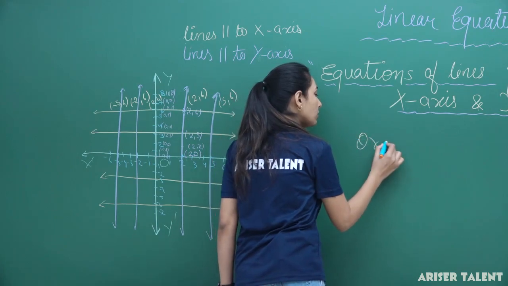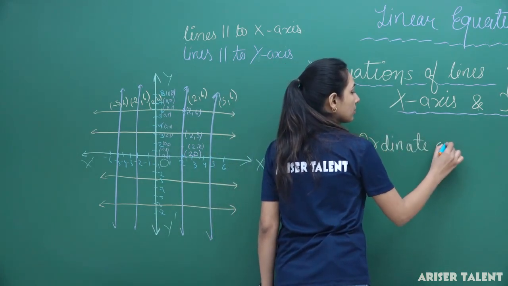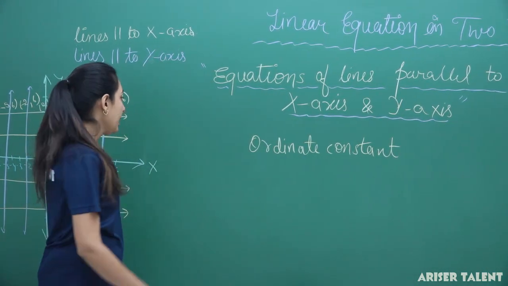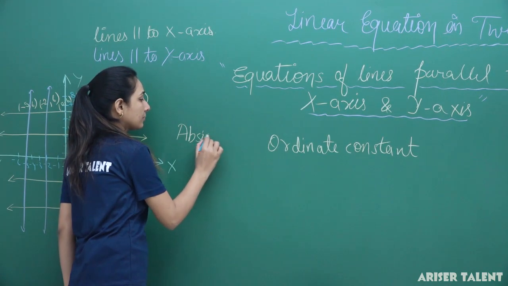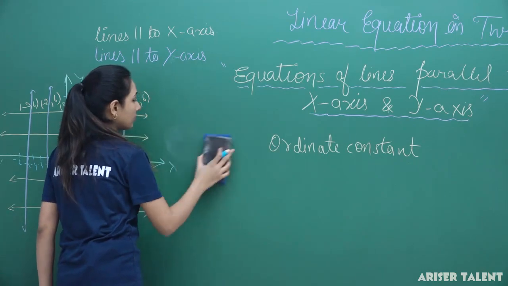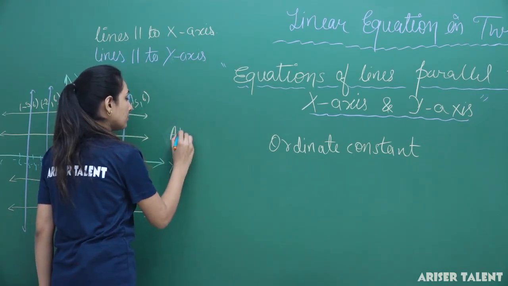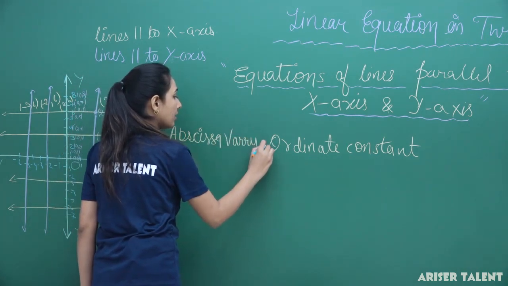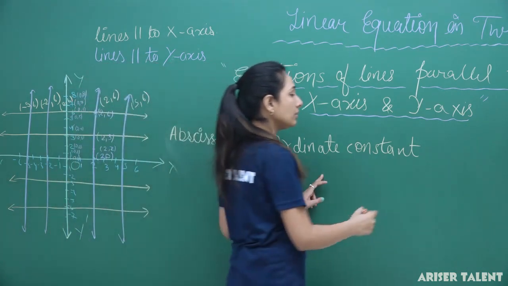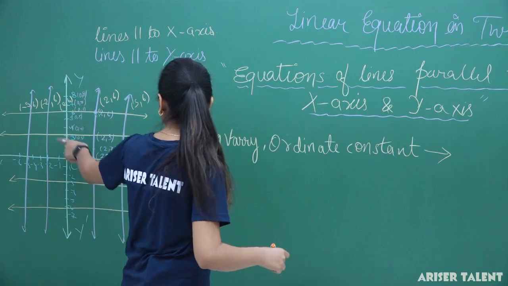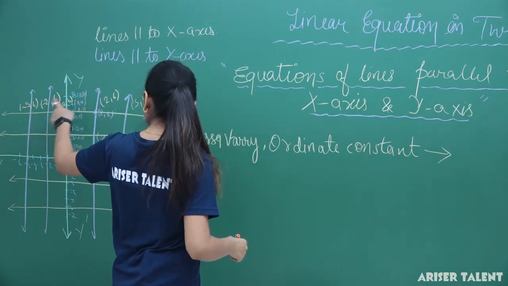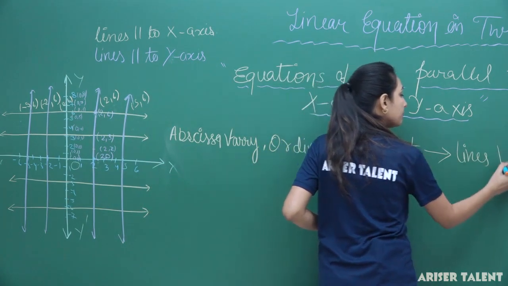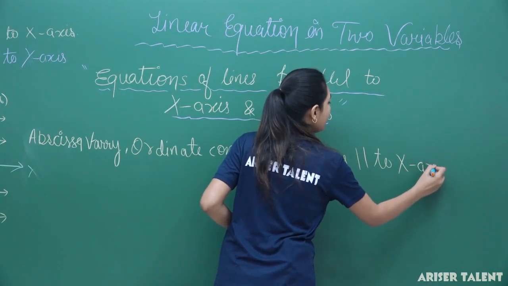So abscissa varies, ordinate constant. I am talking about lines parallel to x axis mentioned in yellow lines.